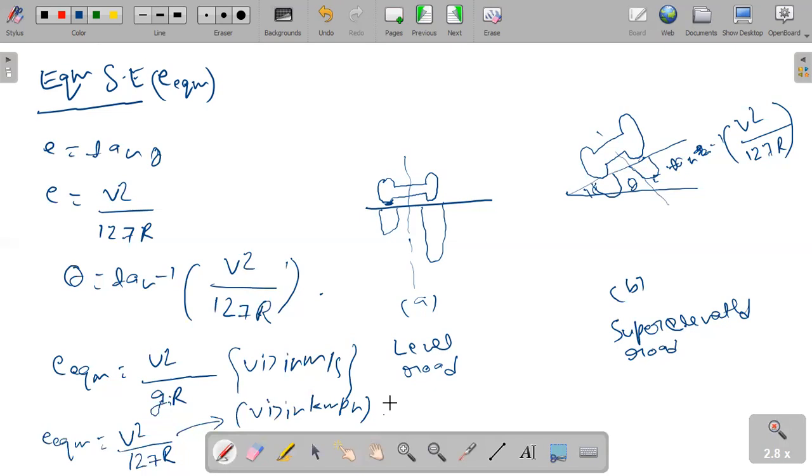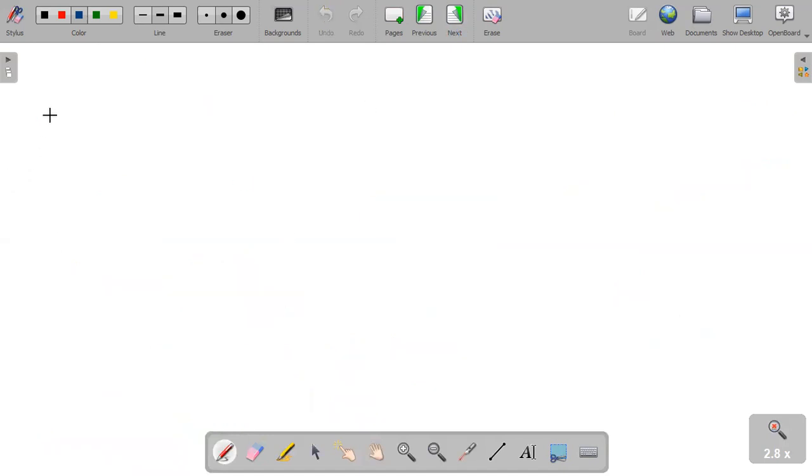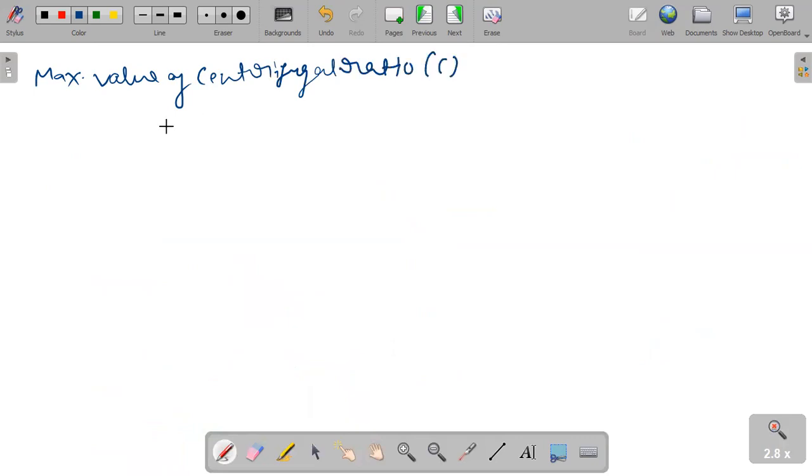Let's move forward to the maximum value of centrifugal ratio, denoted by C. As maybe you already know, since a limit has been imposed on the maximum value of super elevation and lateral frictional resistance, the maximum centrifugal ratio is determined from these two limited values of super elevation and lateral friction.